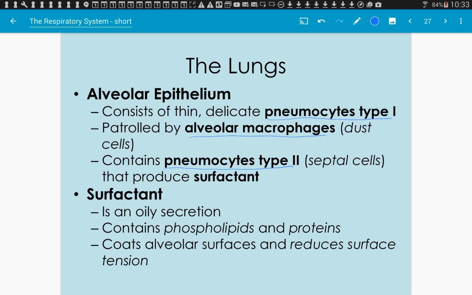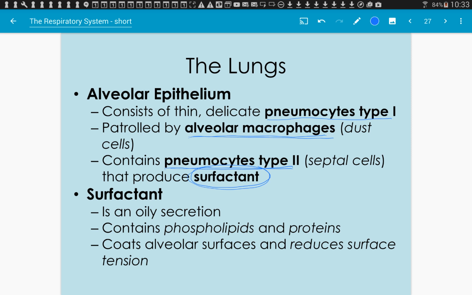Now, we've already talked about the macrophages, so I want to spend a moment talking about the pneumocytes type 2. These cells are the ones that produce surfactant, and surfactant is a very important kind of oily substance within the lungs, and it prevents the alveoli from sticking to itself.